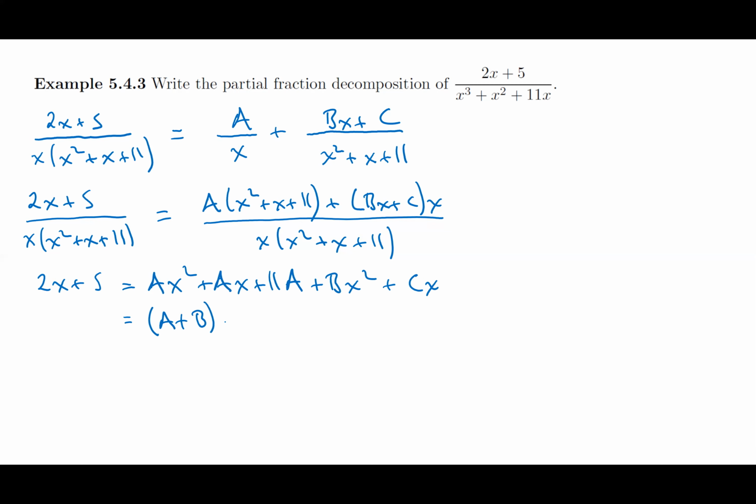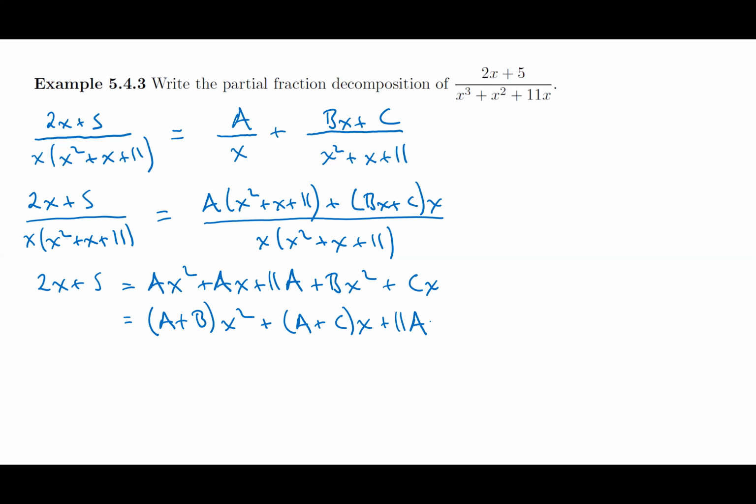So x squareds, factor out x squared, have a plus b. And then my x terms, ax and cx. And then my constant is 11a.